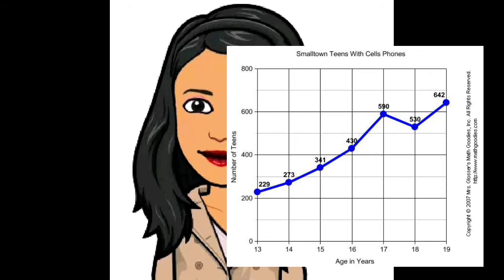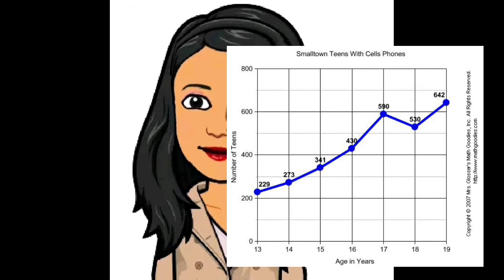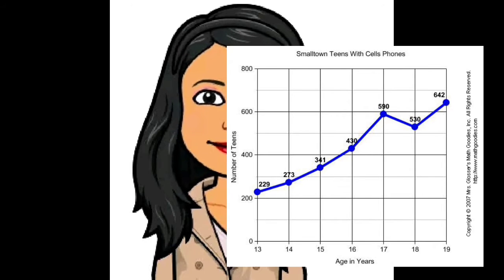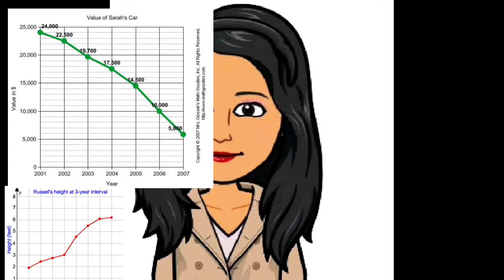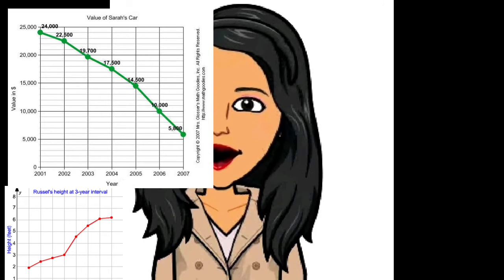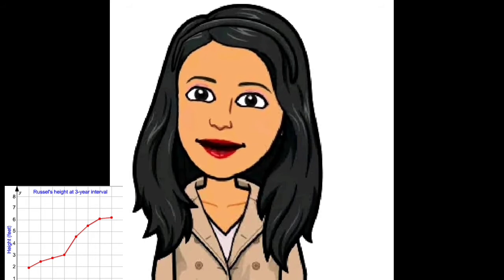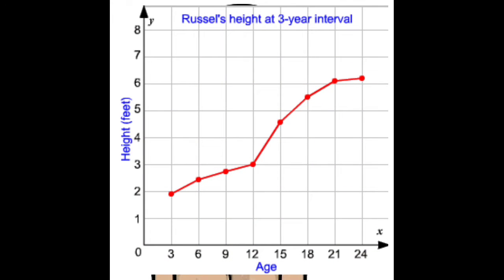This is a graph that uses lines to connect individual data points, displaying quantitative values over a specified time interval, meaning to say, it shows information that changes over time. In this example, we can see that Russell's height changes every 3 years. His height is 2 feet when he was 3 years old.